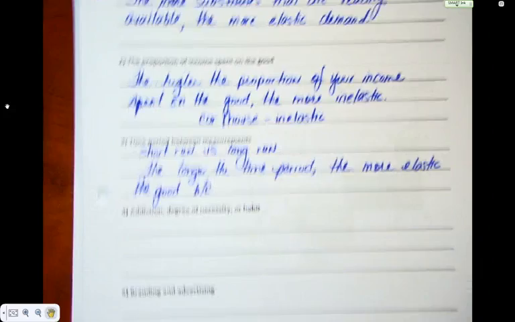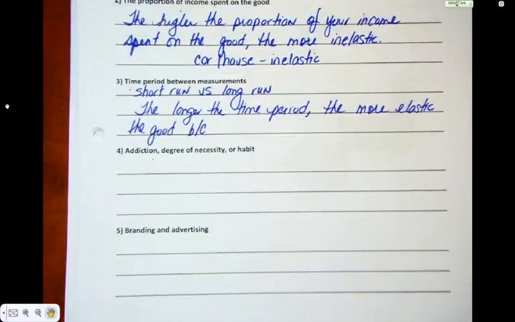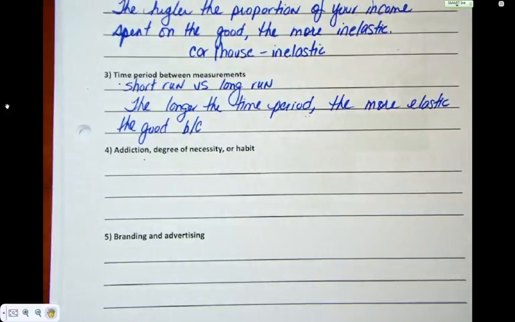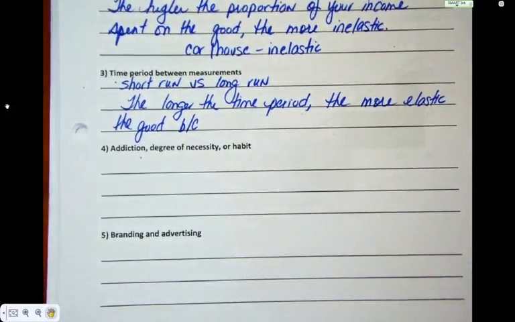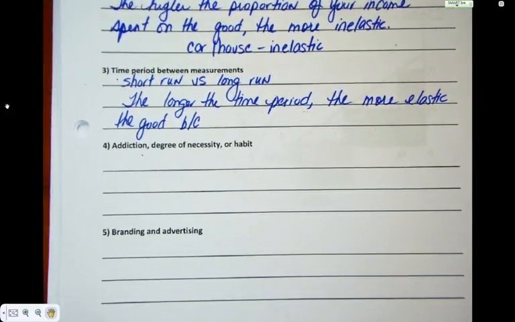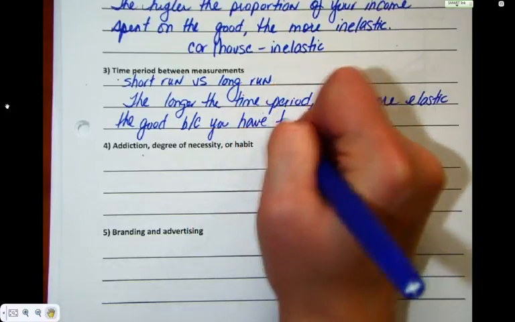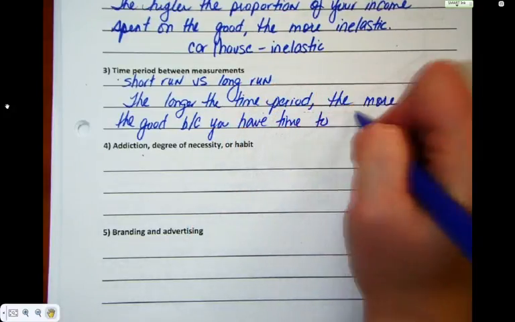So the longer the time period, the more elastic the good, because you have time to switch methods or you have time to find a substitute.